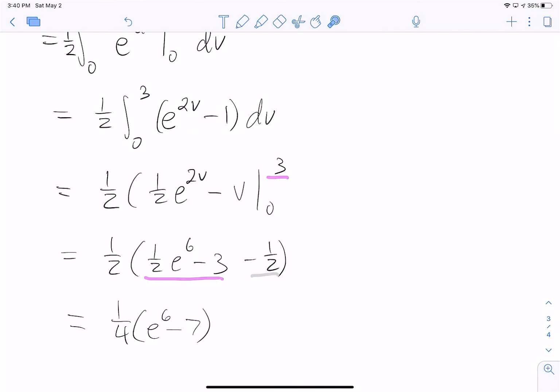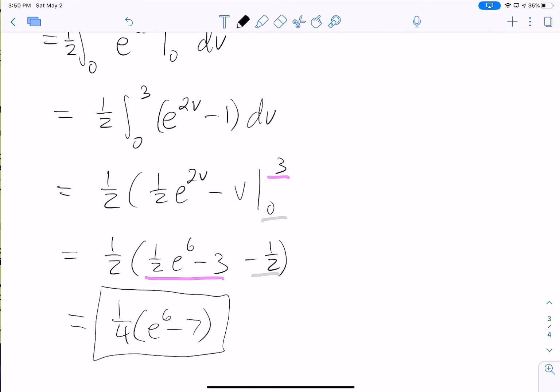Integrating with respect to v gives me 1/2 e to the 2v minus v. Evaluating 3 in place of v gives me 1/2 e to the 6 minus 3. Evaluating 0 in place of v gives me minus 1/2. The 1/2 is in front of the whole thing. And then finally, the arithmetic simplifies to 1/4 times the quantity e to the 6th minus 7.